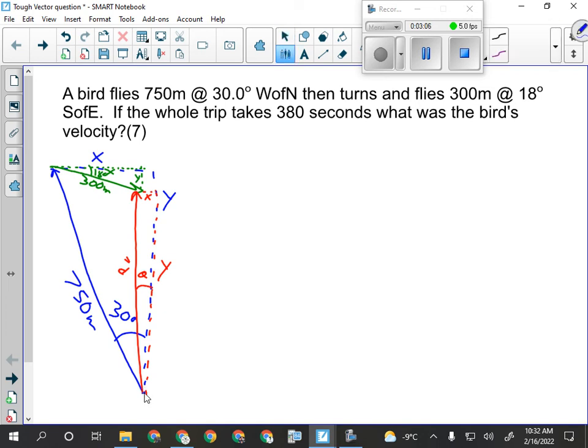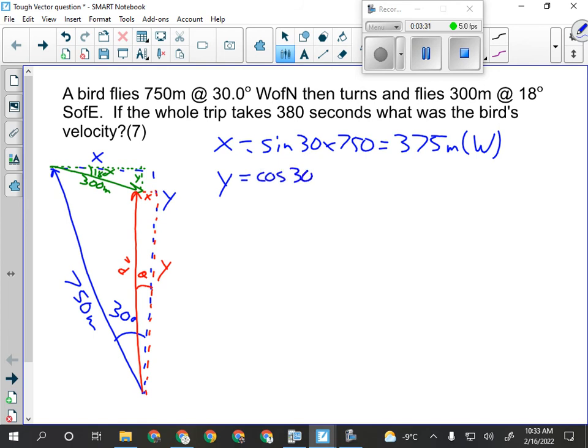So I got to start calculating all my x's and y's. So blue x is opposite the 30-degree angle, and I already did that calculation in my head, which is dangerous, but I did. Sine of 30 times 750 equals 375 meters west. Okay, and then y is the adjacent side in this triangle, so cos of 30 times 750.